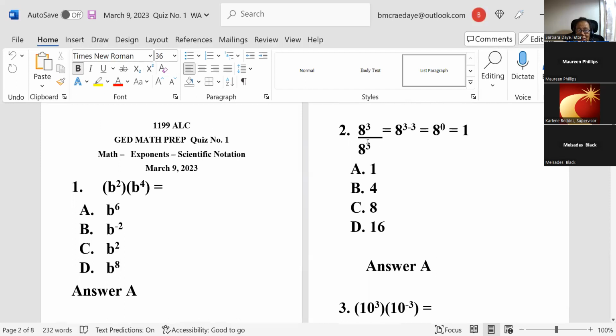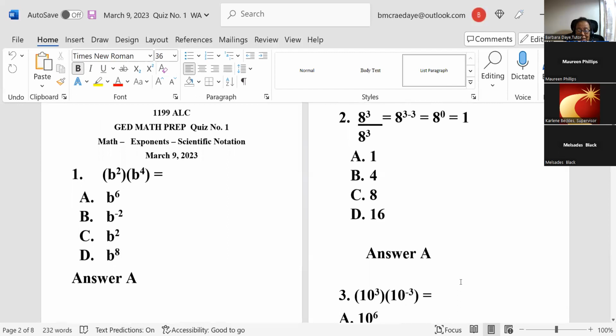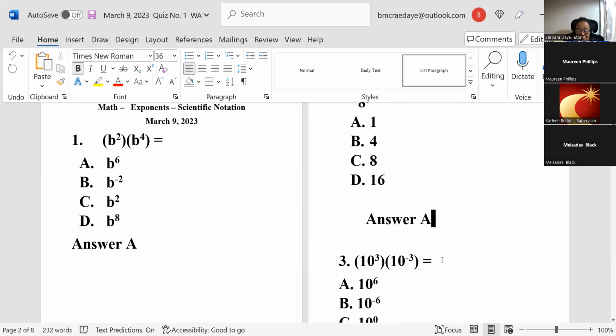Except this was a division, but this is addition. So this becomes, let me just copy this. But the bottom line is you're still getting a 0, right? So let's just put that there, 10 to the 3, so that's plus, and that's a minus 3, right?